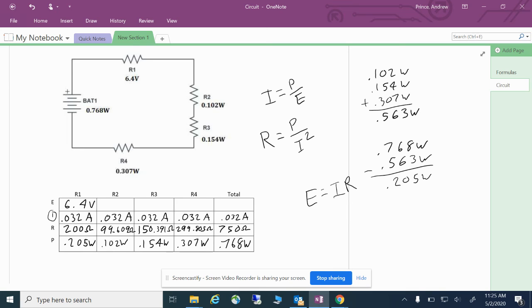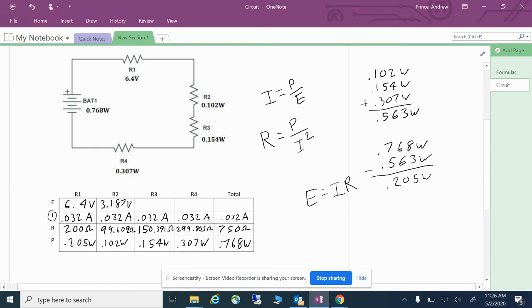So for the first one, I'm going to go ahead and take these two values, multiply them together. So 0.032 times 99.609 is going to give us 3.187 volts.